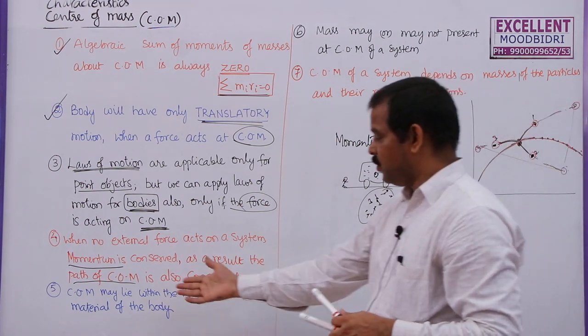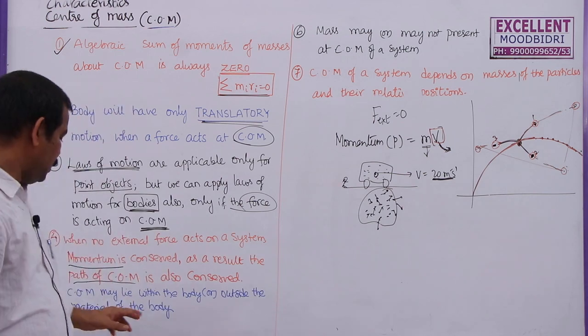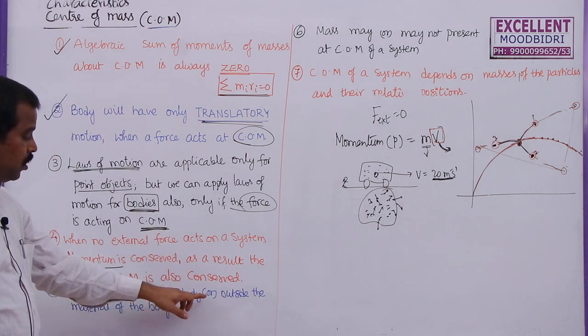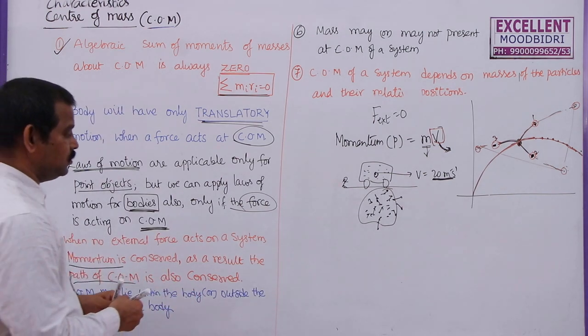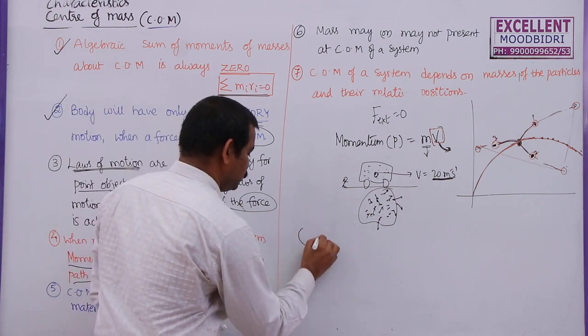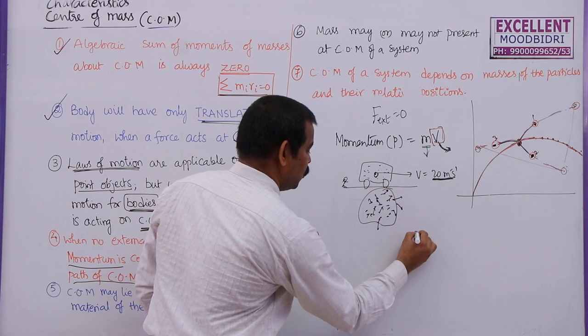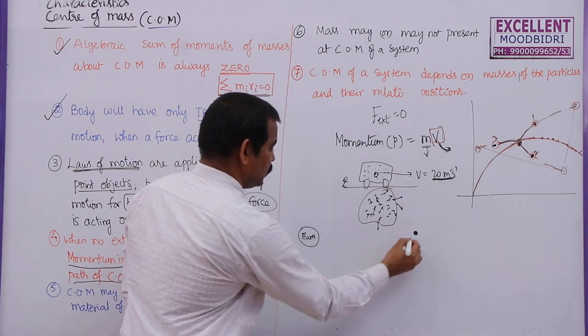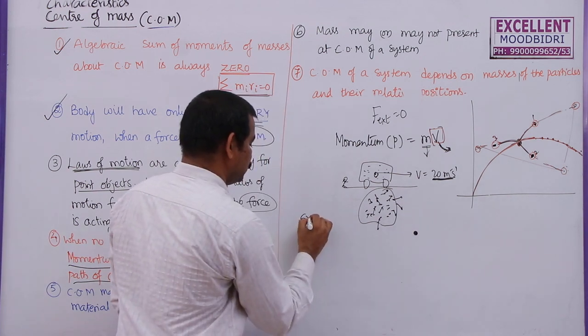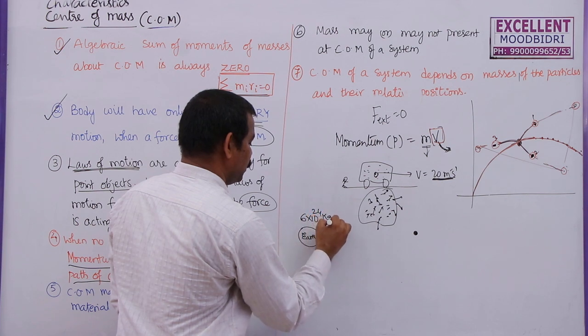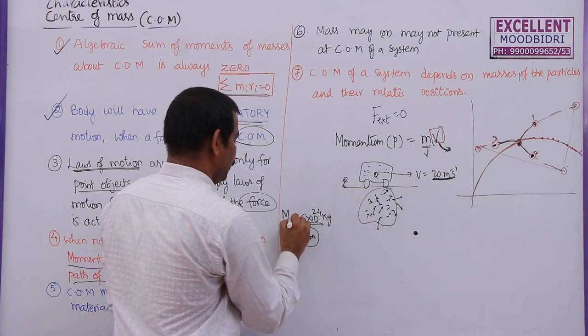Now, the fifth one: the center of mass may lie within the body or outside the material of the body. Suppose you take our earth, this is the earth and this is the moon. We know that the mass of the earth is 6 into 10 power 24 kg. This is the mass of the earth.